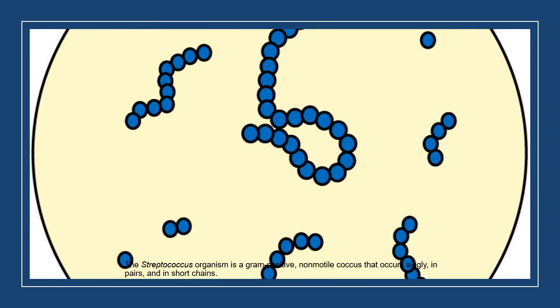Community-acquired typical pneumonia includes Streptococcus organism, which is a gram-positive coccus that is pictured here. It occurs singly, in pairs, and in short chains, which you can see in this picture.